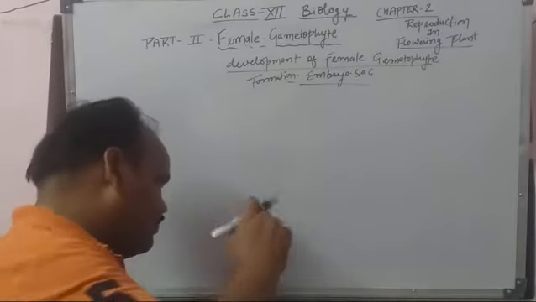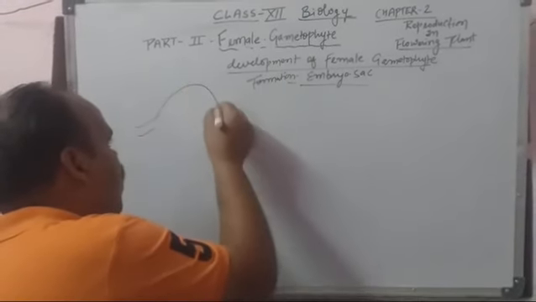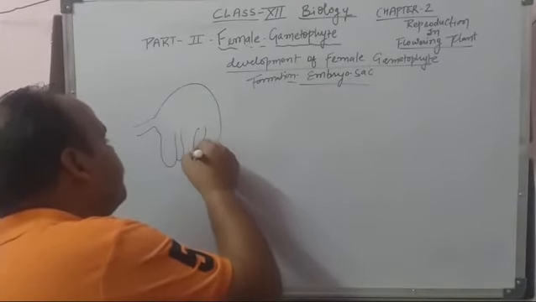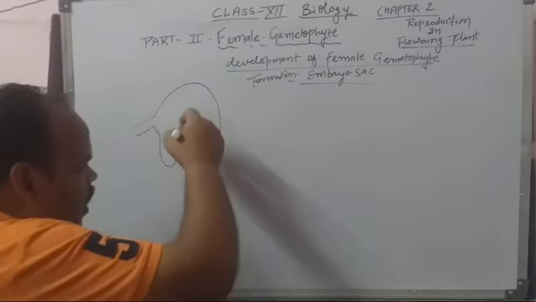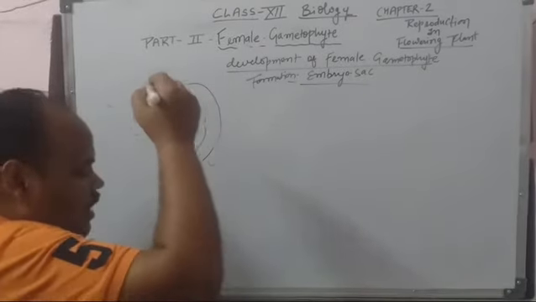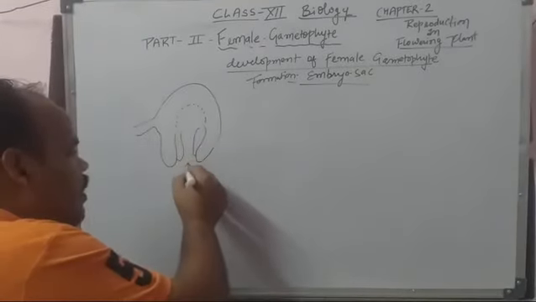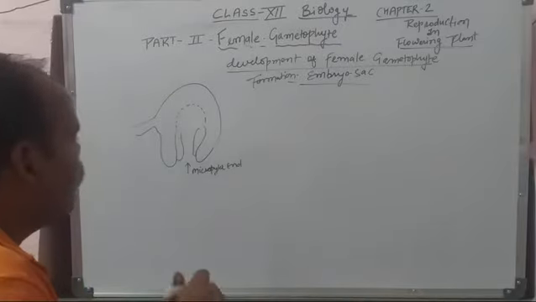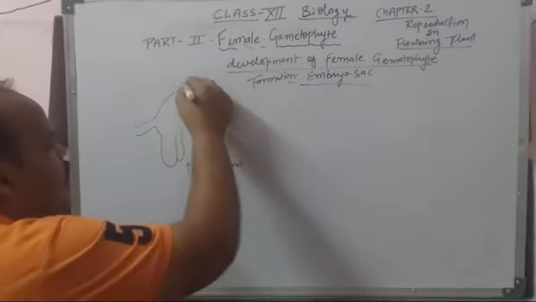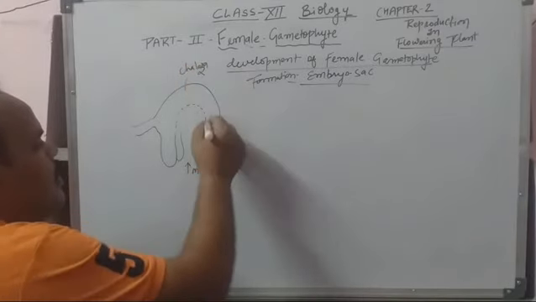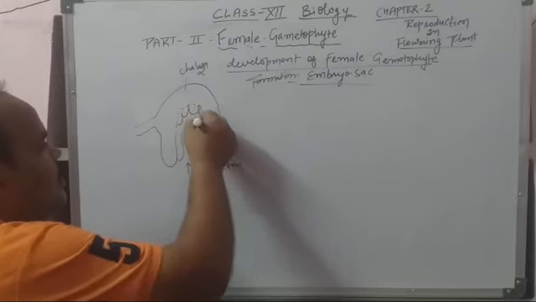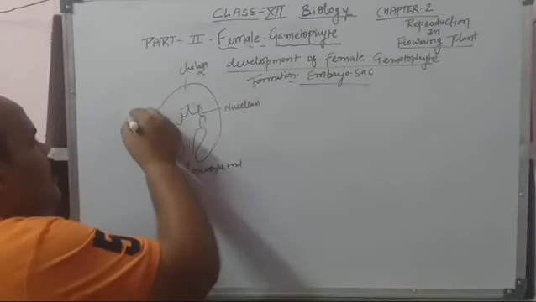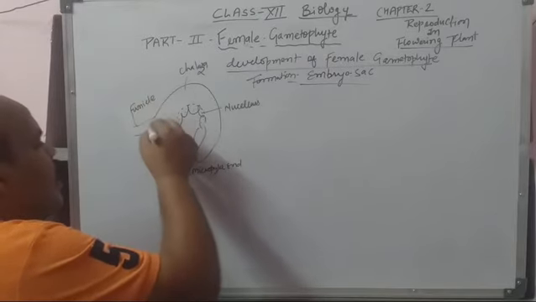So there are the structures of the ovule: the nucellus, the micropylar end, the chalaza, the funicle and hilum.